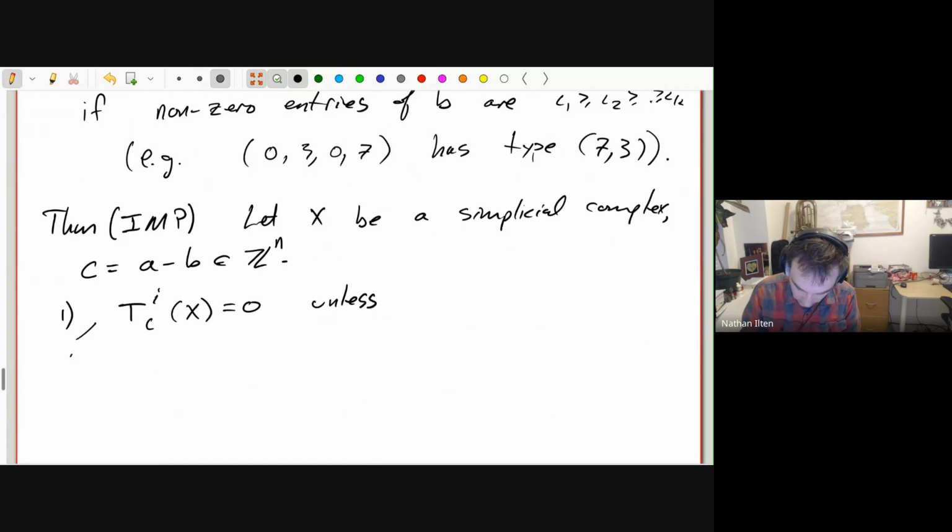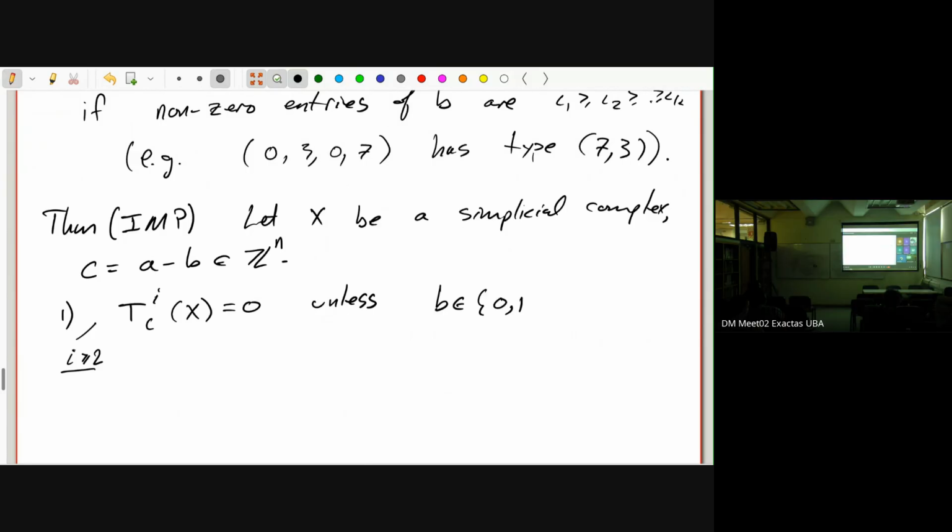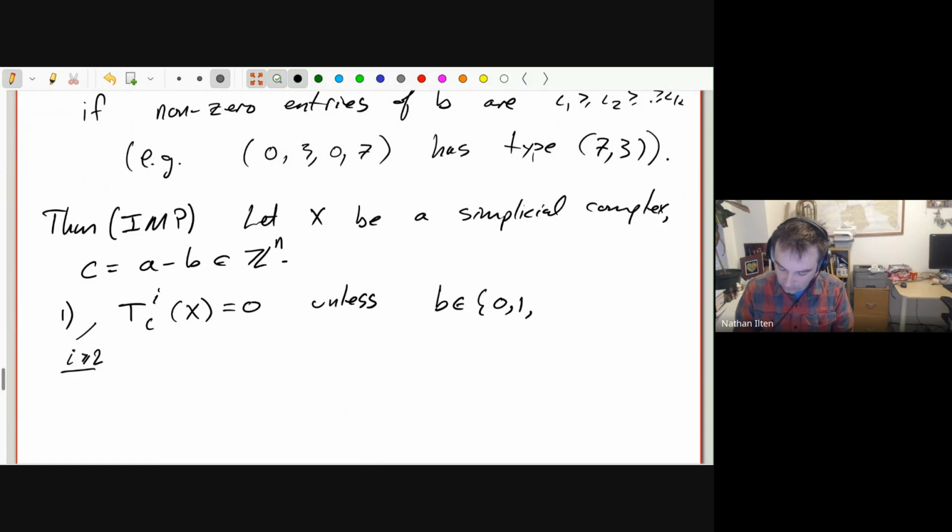Here in this statement, I think I want to take i to be at least 2. There we go. So T^i_C of X is equal to 0 unless B belongs to... before we had that B had to have entries in 0 and 1, and it turns out that the straightforward generalization of that is that when I'm looking at T^i, B needs to have entries in 0, 1, up to i minus 1.